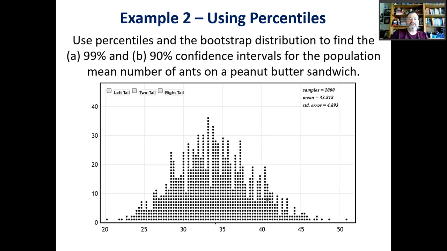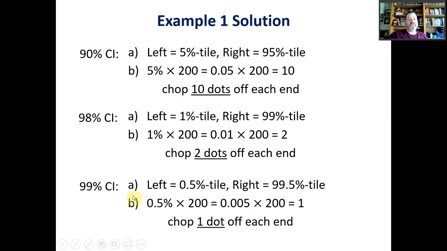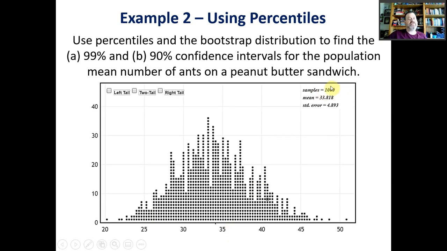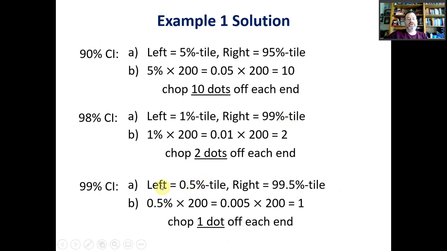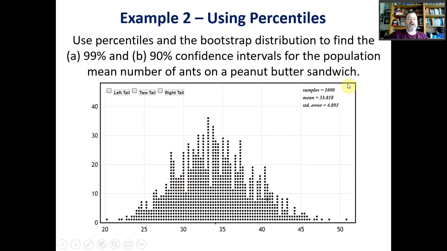How do we find it? Well, going back to the previous problem, we know that if there's 200 dots, we chop 1 dot off each end. But here there's 1,000 dots, so we have to figure out the new arithmetic. The left is still the 0.5 percentile for a 99% confidence interval, and 0.005 times 1,000 is 5.